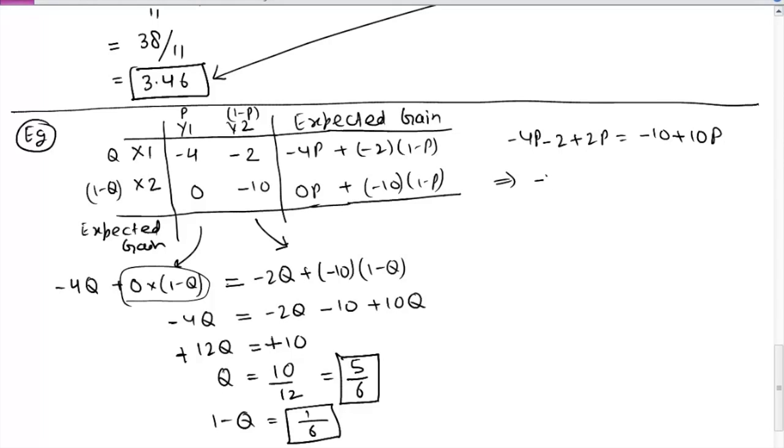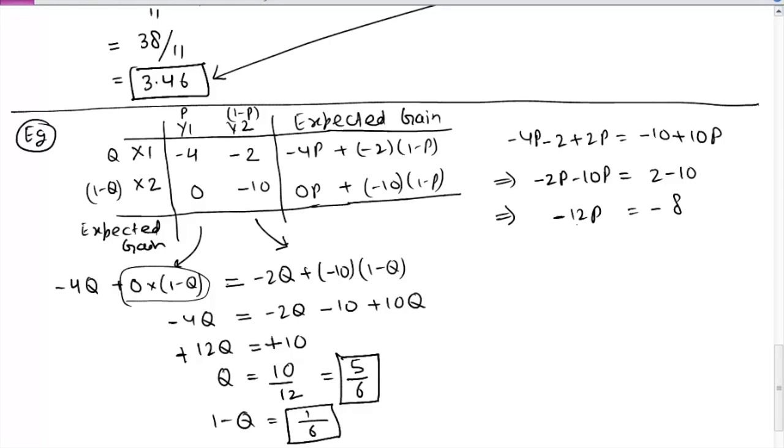What you get here is negative 2p minus 10p equals 2 minus 10. If you bring all p's on the left and all the numbers on the right, we end up with negative 12p equals negative 8.